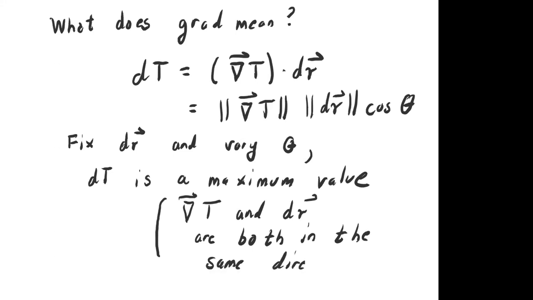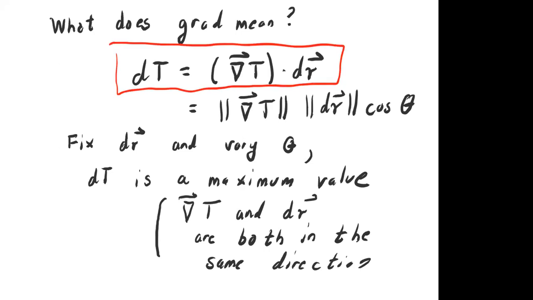Why? Well, this expression says that the change in temperature depends upon the dot product of these two vectors. If I take the dot product of these two vectors, I get a scalar. And this quantity is going to depend primarily, for fixed dr, on the value of theta. This has a maximum value when theta is 0, namely when the gradient of T and dr are in the same direction.